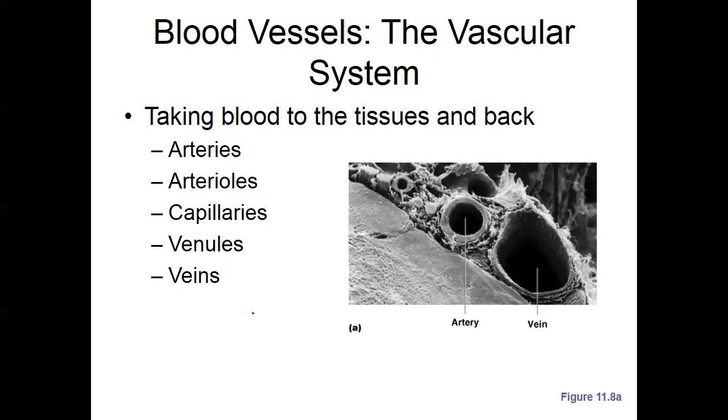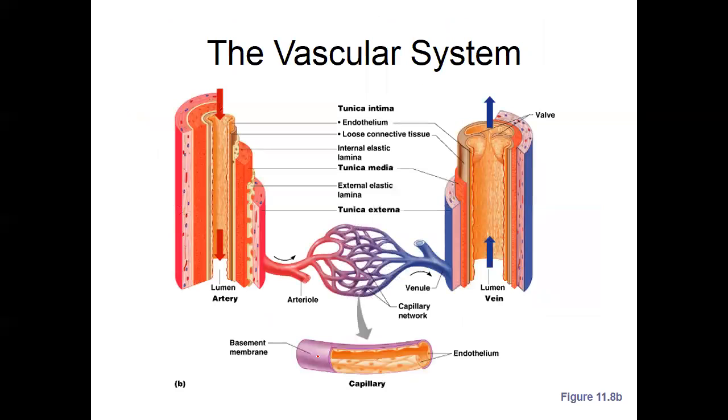The veins do have musculature for constriction, but it's not nearly as pronounced as that in the arteries. You see the tunica media in the venous system versus the tunica media in the arterial system.